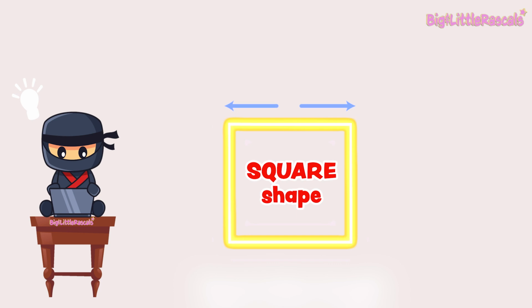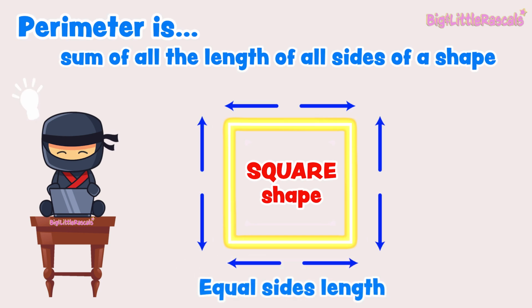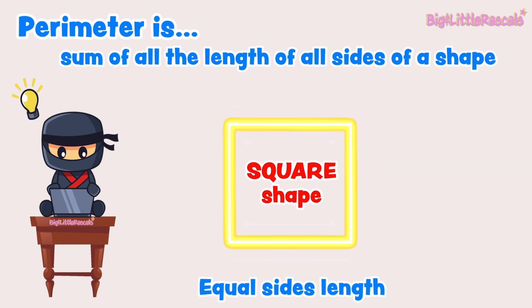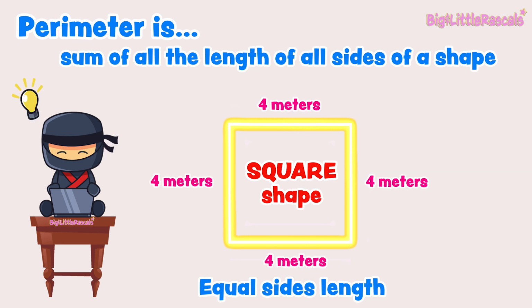This square shape has 4 equal lengths of sides. 1, 2, 3, and 4. In this square, each side length is 4 meters long. So what is the square's perimeter?